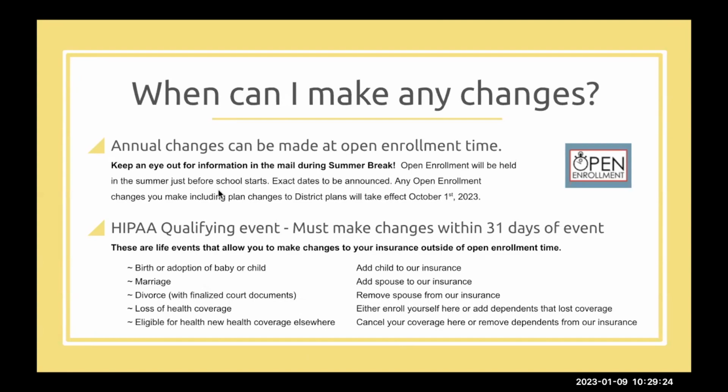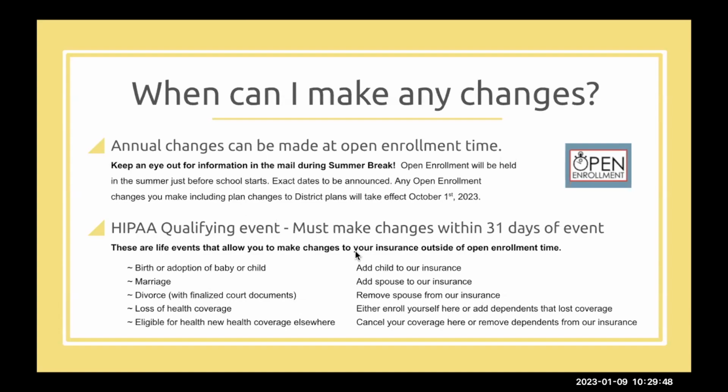The only other time you can make changes outside of open enrollment is a qualifying event. So if you have a baby, do an adoption or get married, you are able to add them to your insurance. If you go through a divorce, with the finalized court documents, you are able to remove your spouse from your insurance.